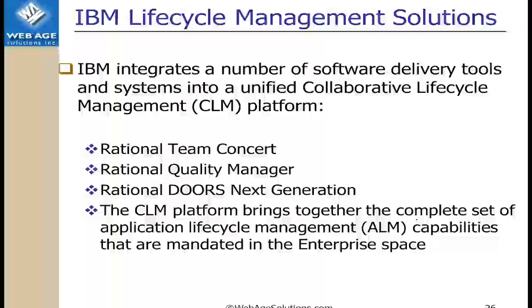IBM gives you a choice of tools, and one of the most prominent in this space are Rational Team Concert, Quality Manager, DNG, and all those tools are bundled together and interoperable with one another, joining all those tools into one unified collaborative lifecycle management platform.